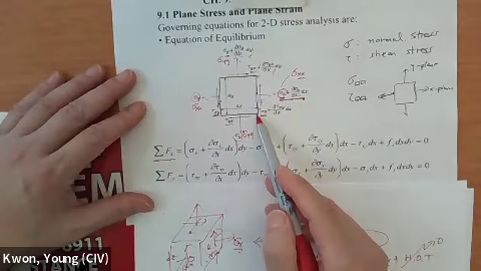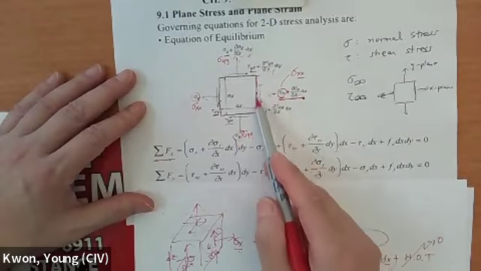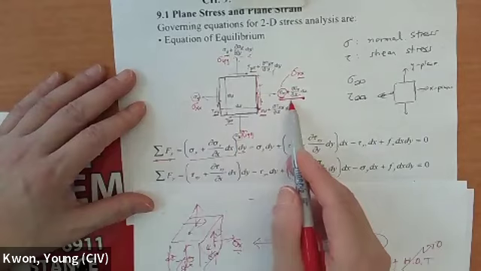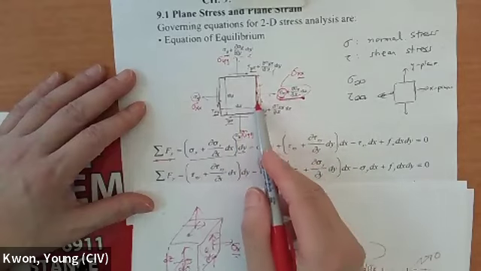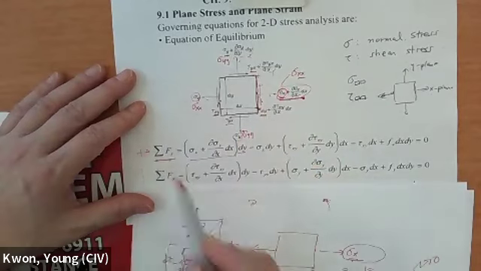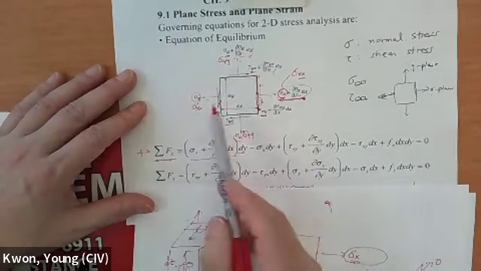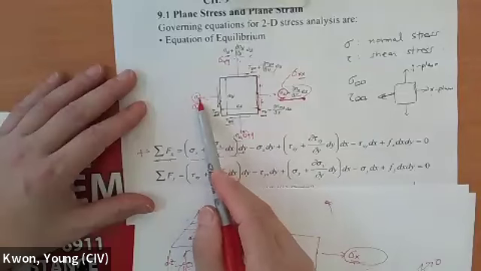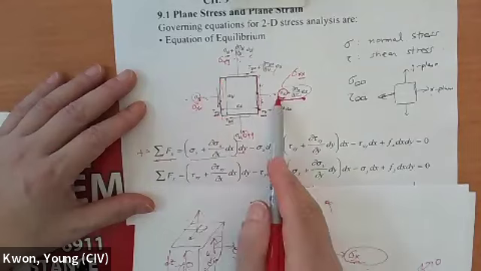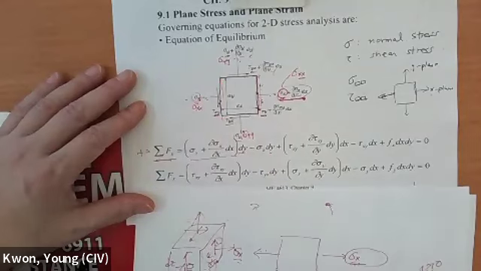Then the area of this one is simply the length of the member, dy. So that's the resultant force over this plane. And we assume right side positive. Then this one, sigma x times also dy, but opposite direction compared to that, so minus sign here.